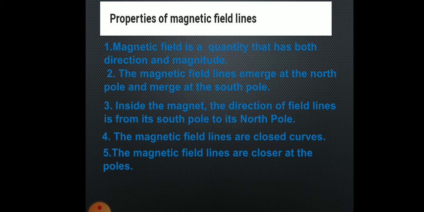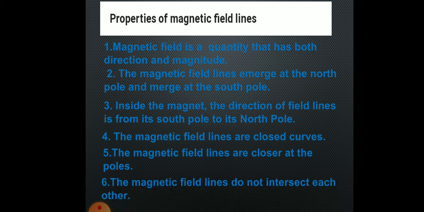Field lines are crowded at the poles because the magnetic field strength is more near the poles, that is towards the north pole and south pole. So magnetic field lines are crowded near the poles, okay? Because the magnetic field is more near the poles. So the last property is that no two field lines intersect each other.